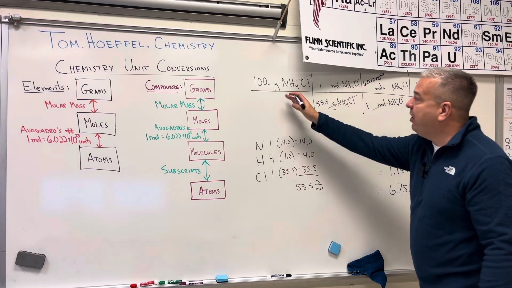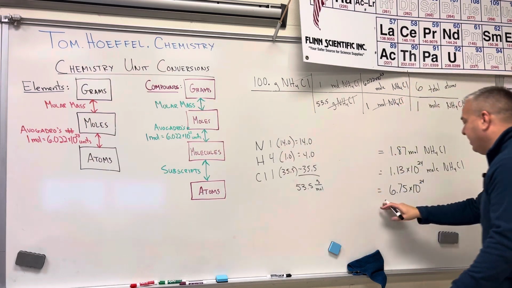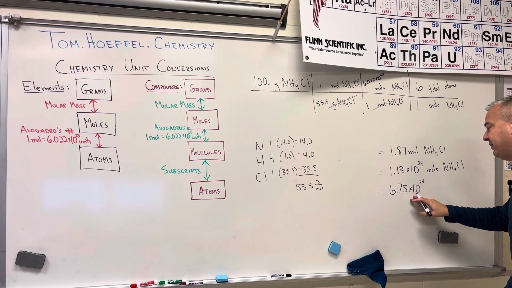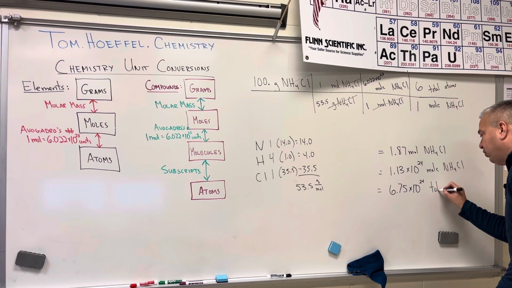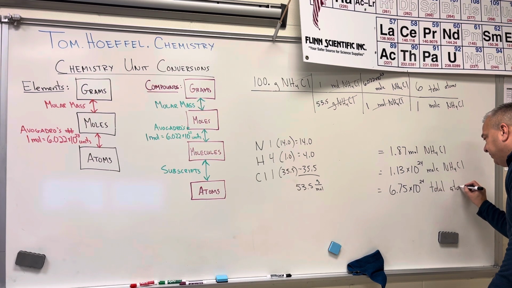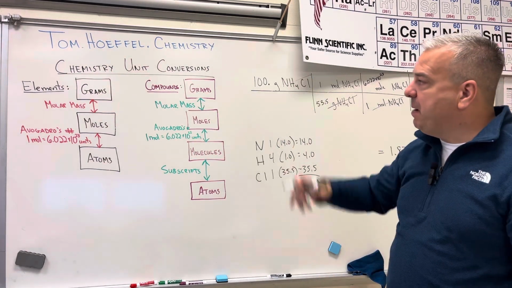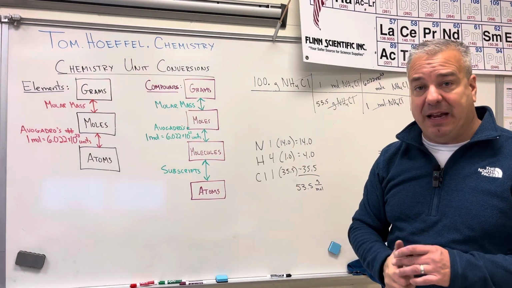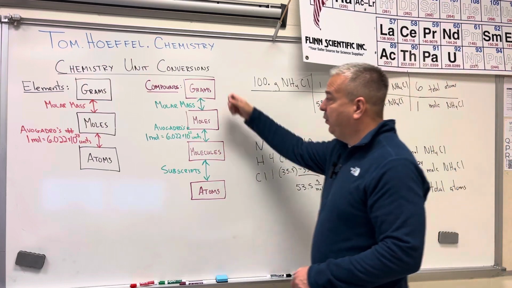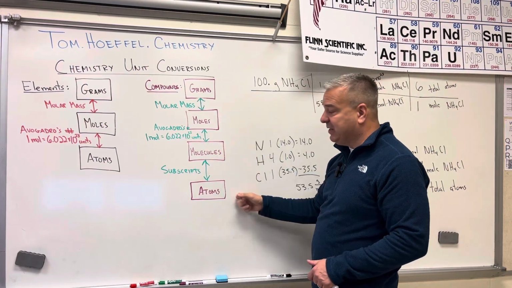So in 100 grams of ammonium chloride, there is 6.75 times 10 to the 24 total atoms. I hope that helped you be able to convert between some common chemistry units of grams, moles, molecules, and atoms.